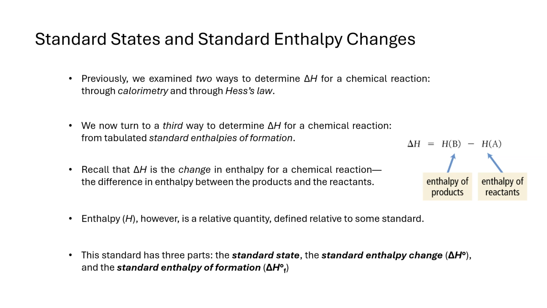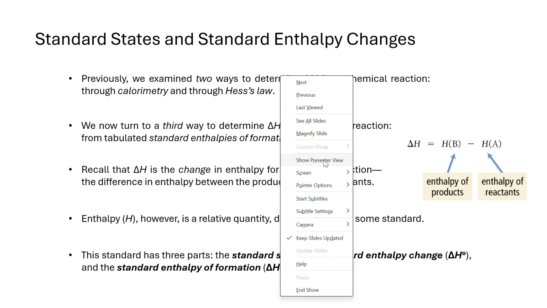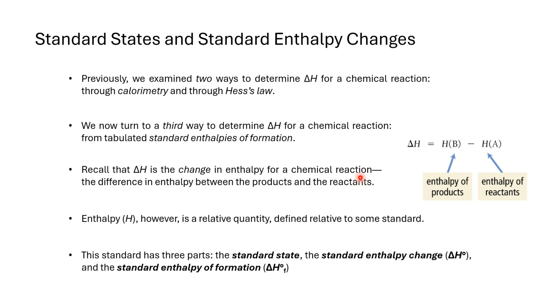Okay, so previously, what did we do for delta H of the reaction? There were two ways that we calculated it. We calculated it through calorimetry, and we calculated it through Hess's law. In the previous videos, how did we calculate delta H with calorimetry? We used the coffee cup calorimetry, right? Remember, delta H is measuring heat at constant pressure.